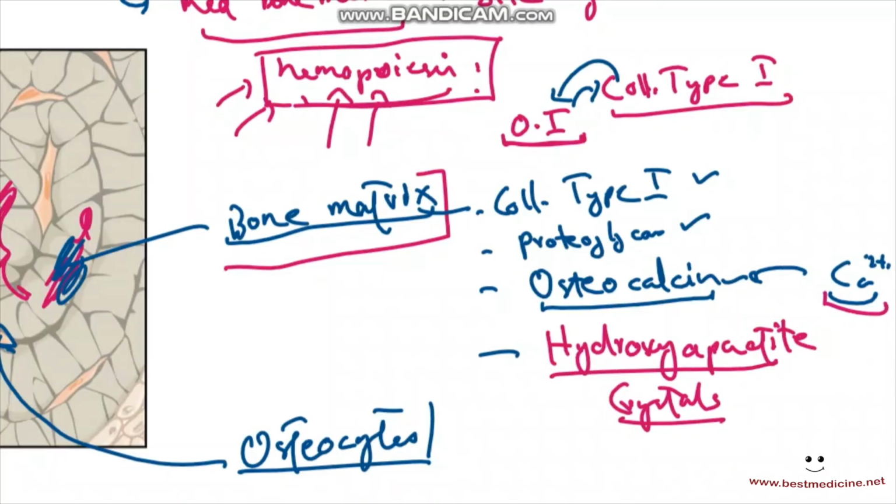These are arranged in lamellae that we're going to look at in just a bit, and that's pretty much it for the bone matrix. So it contains type 1 collagen, hydroxyapatite crystals, and some proteoglycans, and a glycoprotein called osteocalcin, which basically brings in the calcium to make the bone, to form these crystals basically, and to make the bone more rigid.